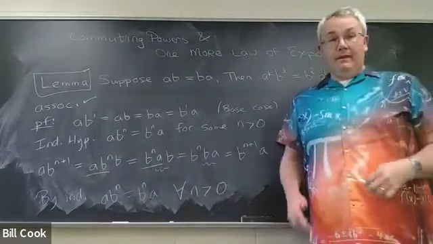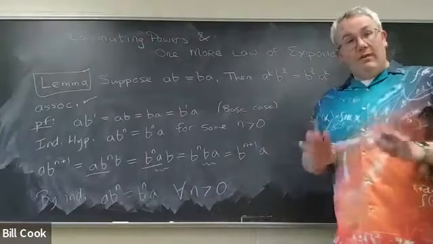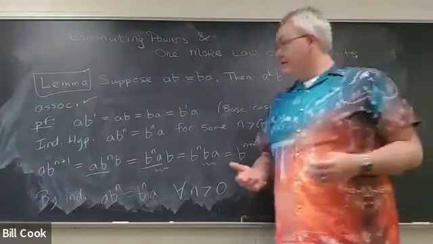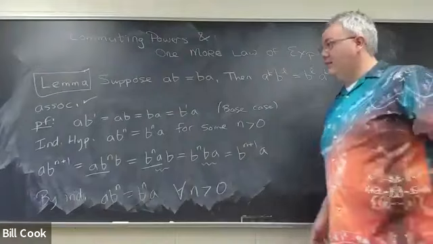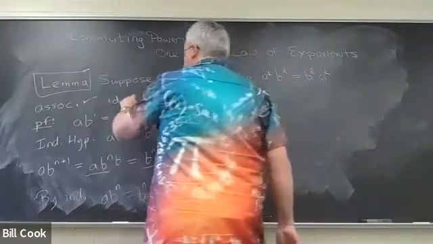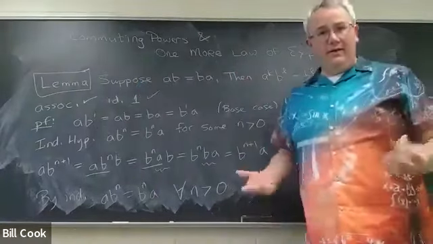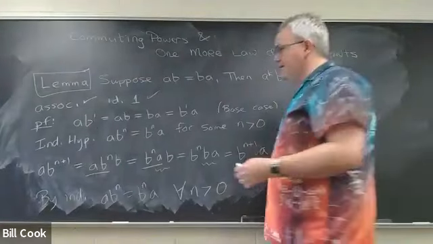Now, that's not quite the theorem statement. We'll come back to that in a minute. But let me say that we can also extend this. What if we have an identity, let's say 1? Then we can talk about raising things to the 0th power.